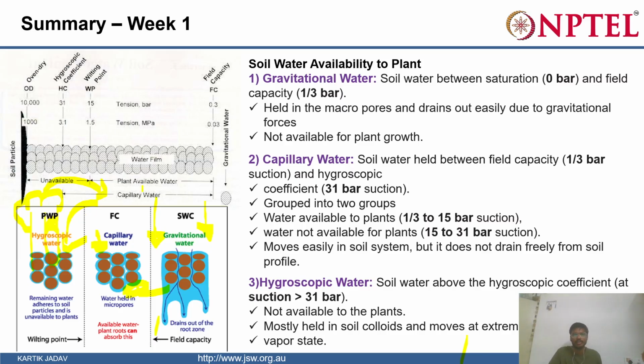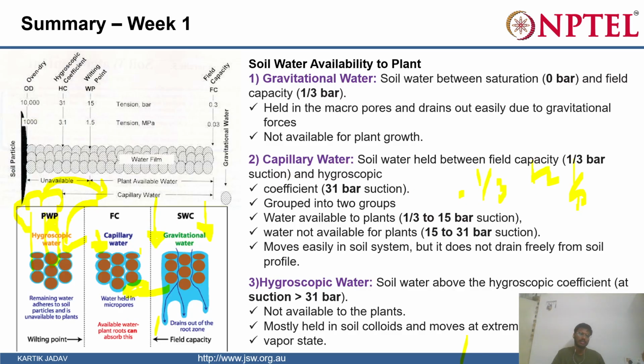Okay, so each of these conditions has a certain pressure. In gravitational water, it's 0 bar to one third bar. Then at field capacity, it's about one third bar, and the pressure is negative.